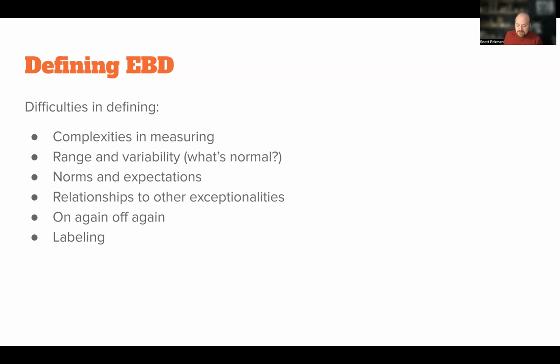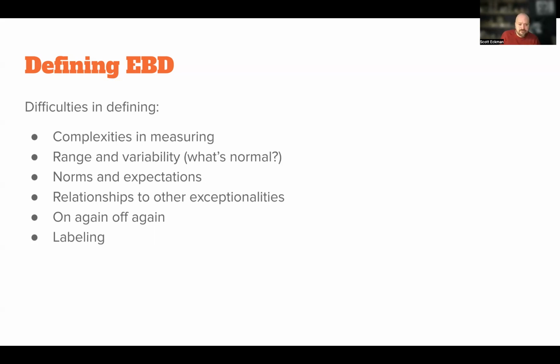We know that things aren't ever in a bubble. So we also have these ideas of relationships to other exceptionalities, thinking about learning disorders and the combination of academic difficulty and behavioral difficulty. We also know that a lot of times behavior is on again and off again.